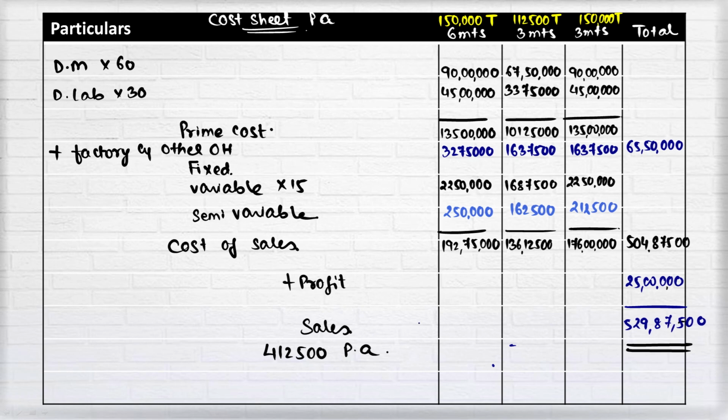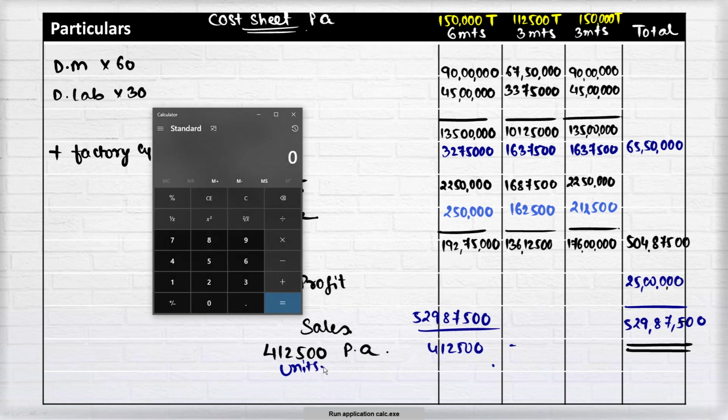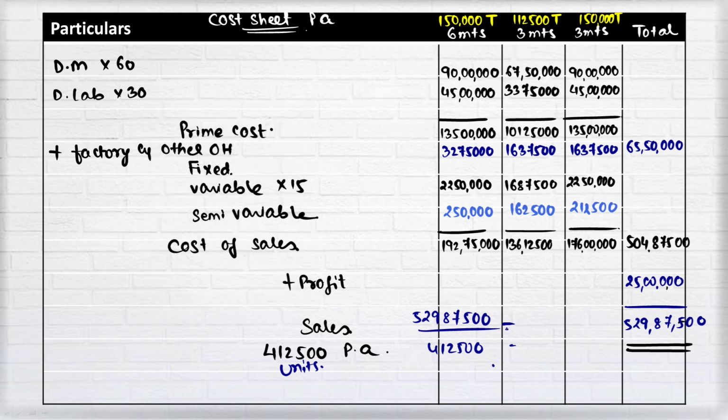Sales will be 529 lakh 87,500 divided by 4,12,500 units. 128.45 should be your selling price.